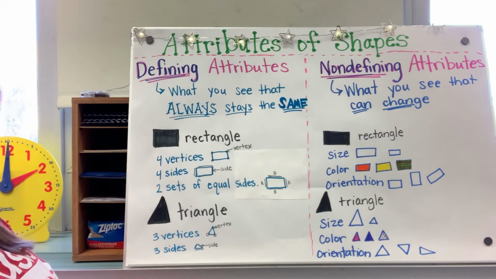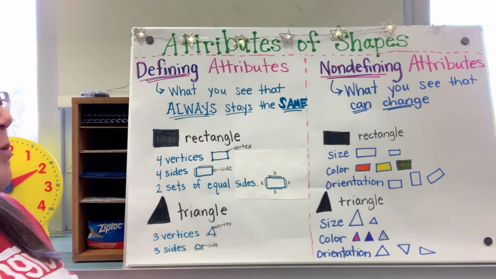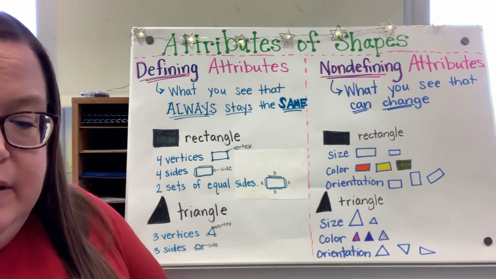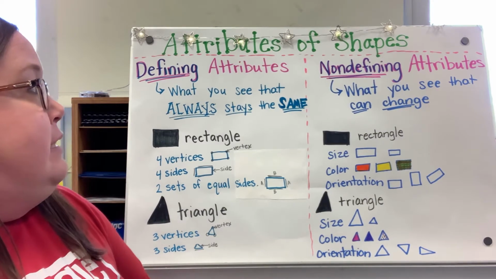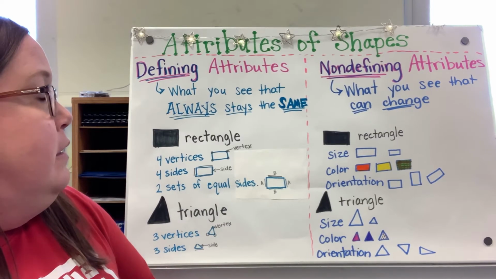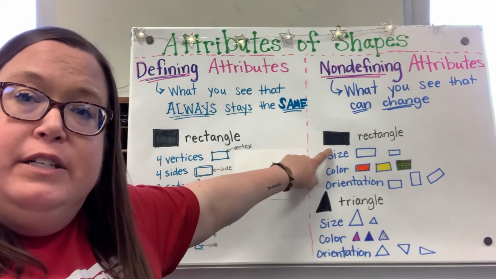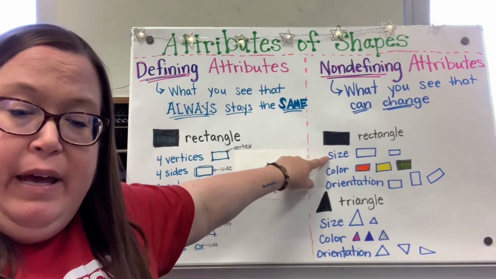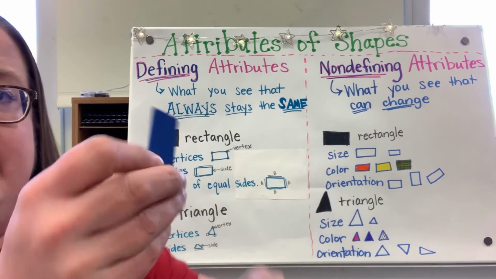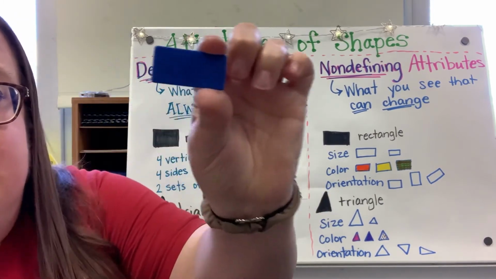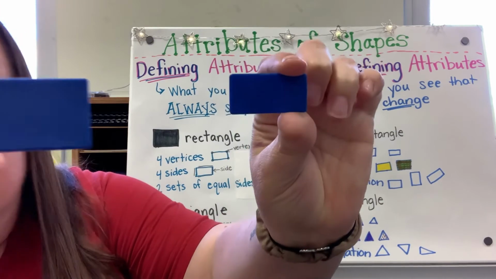Okay? Now, sometimes you may see 2 different rectangles that are different sizes. That's okay. Here's a small rectangle. Can you see that? And here's a bigger rectangle.